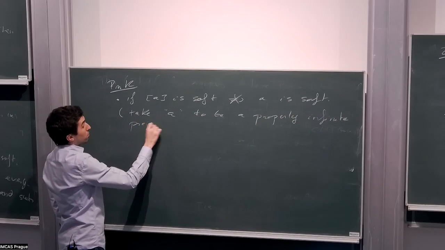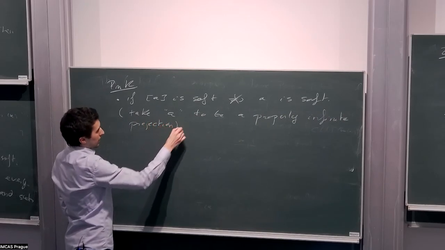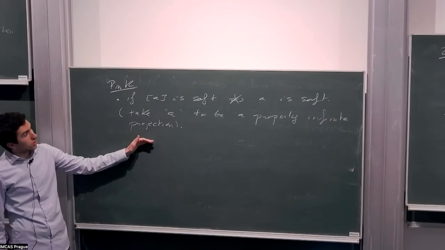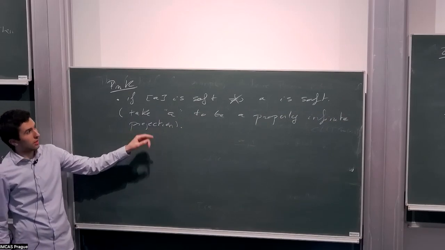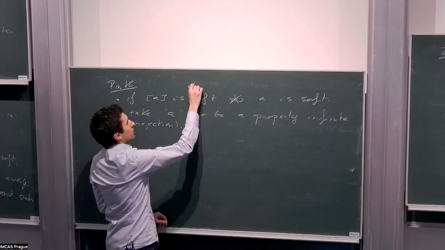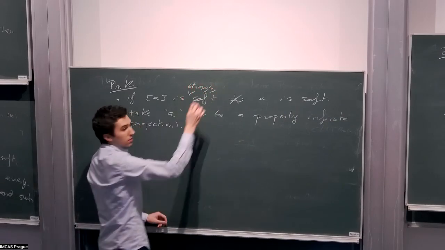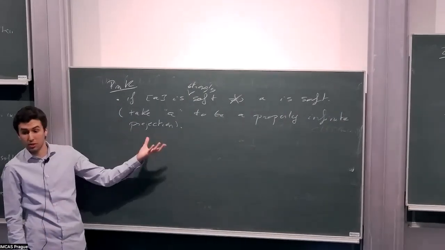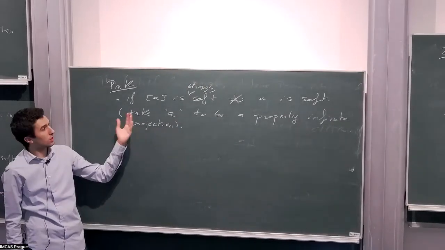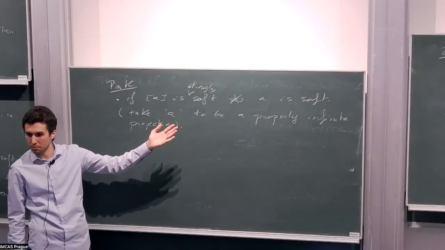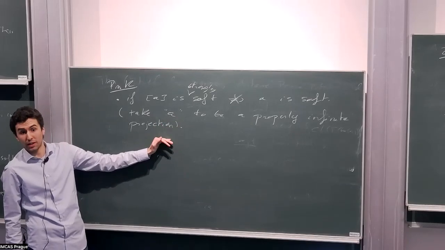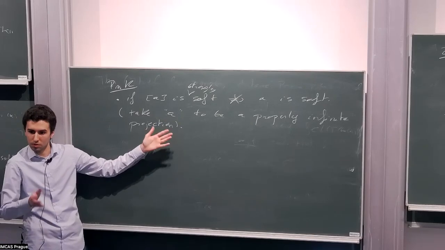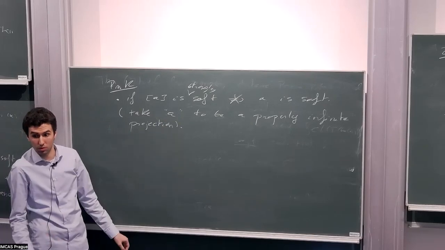Because what you can prove by looking at the definitions, and again by proving something, is that if you have a properly infinite projection, then the Cuntz class of that is going to be strongly soft. But it's never going to be soft because no projection is soft. So one doesn't expect this implication to hold. This works in the stable rank 1 case because there are no properly infinite projections. But as soon as you leave that setting, then this is no longer true.